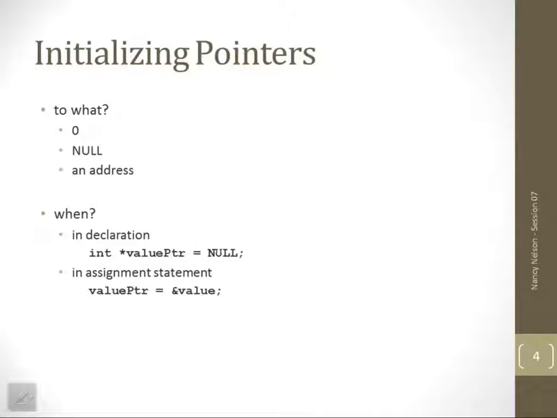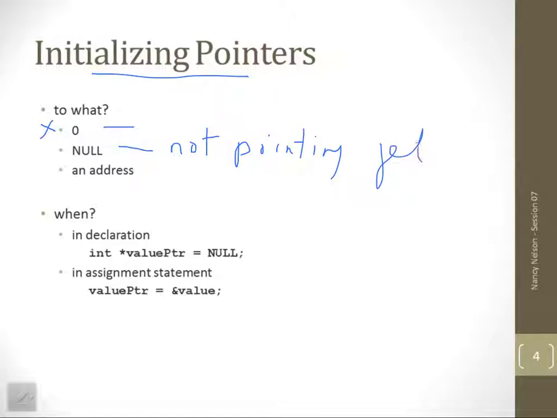After we declare a variable, in this case a pointer, the next thing to do is to initialize it. And we can initialize it to three things. First is 0, and that's not the best choice, but it is possible. We can initialize it to null, which is equivalent to 0, which says I'm not pointing to anything yet. Or I can assign it an address.